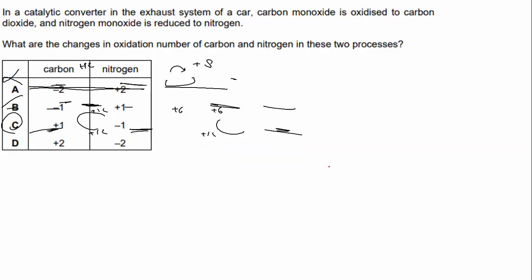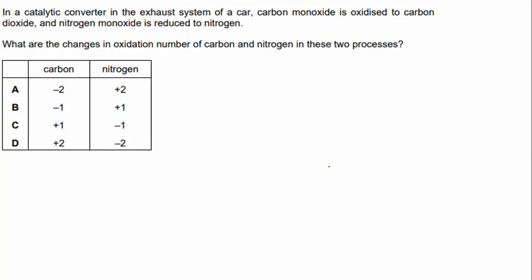Right, moving to the last question. In the catalytic converter in the exhaust system of a car, carbon monoxide is oxidized to carbon dioxide.